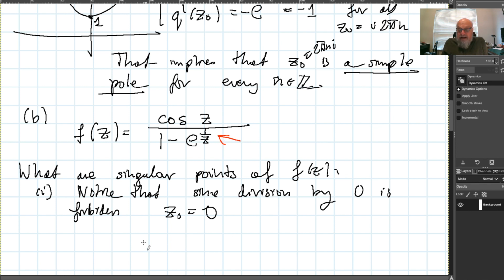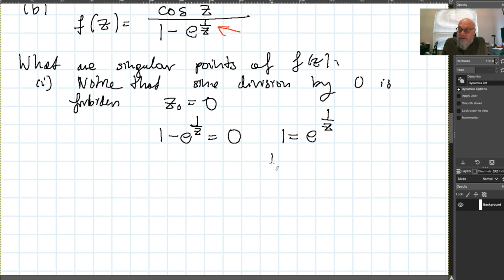So then let's see, how many other points are there? How many solutions does this equation have? Is equal to 0. So that means 1 is equal to e to the 1 over z. And this, we solved it before, so we can write it down. 1 over z is equal to log of 1, and that one we already know was i 2 pi n.